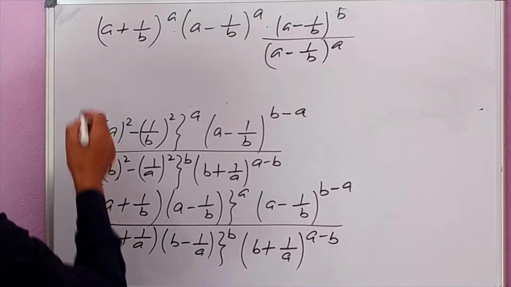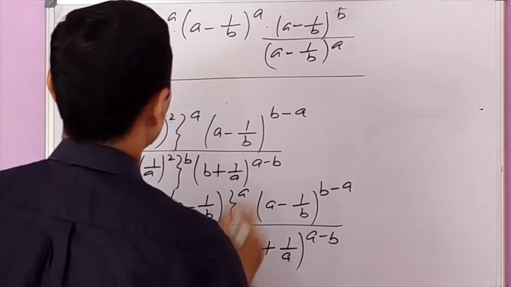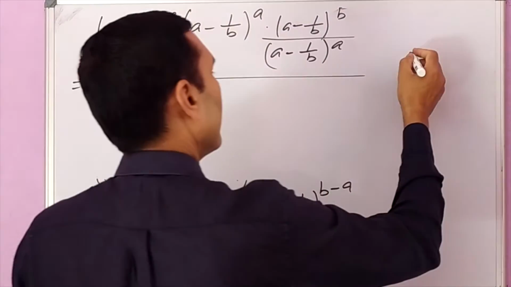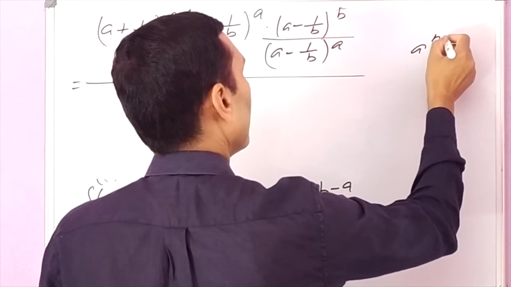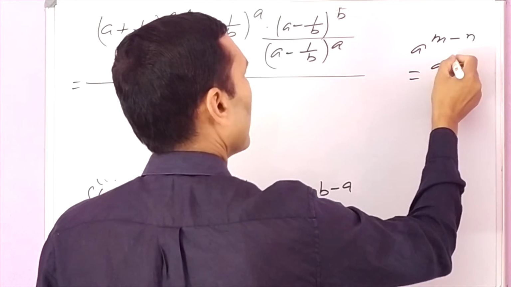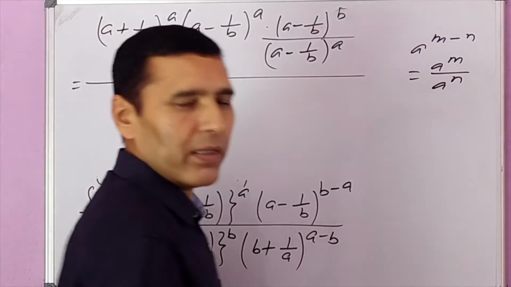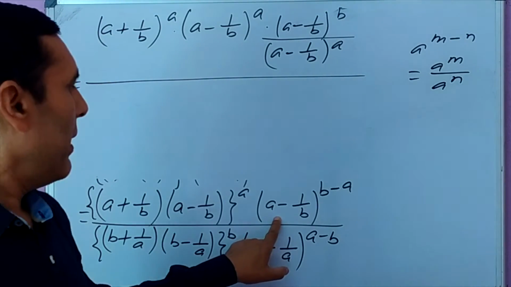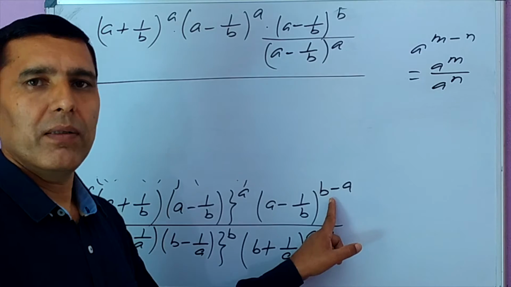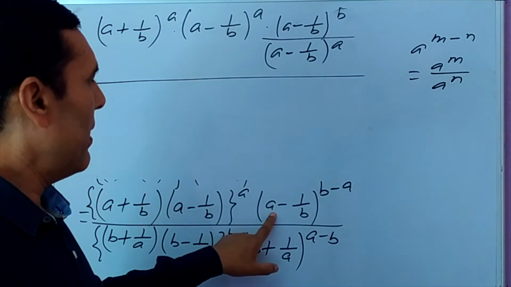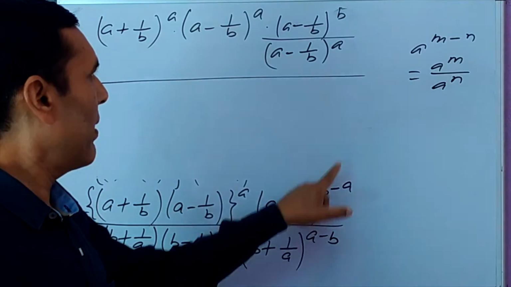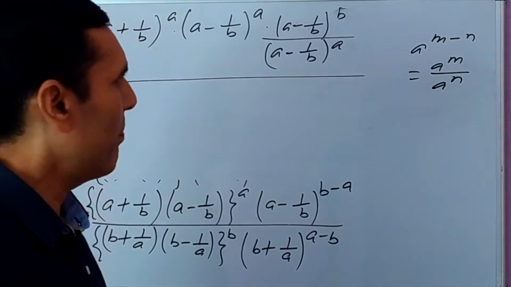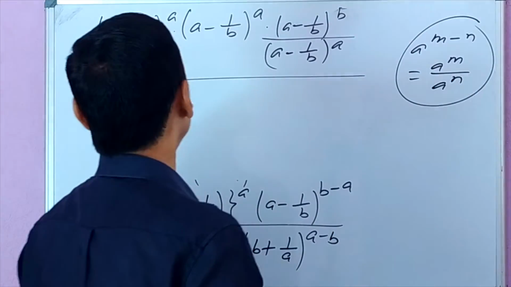Look here at what I have written. If we have a to the power m minus n, we can write this as a to the power m upon a to the power n. Everybody, you understand this thing? I have done the same here: (a minus 1 upon b) to the power b minus a is (a minus 1 upon b) to the power b upon (a minus 1 upon b) to the power a. Just like this, you follow this rule.